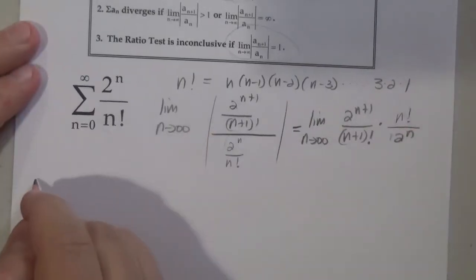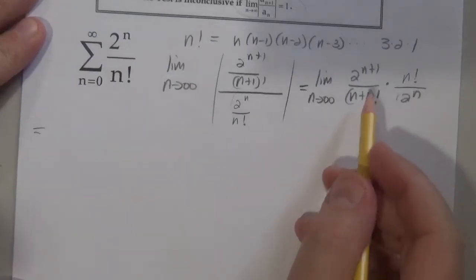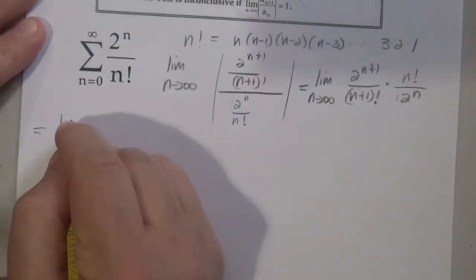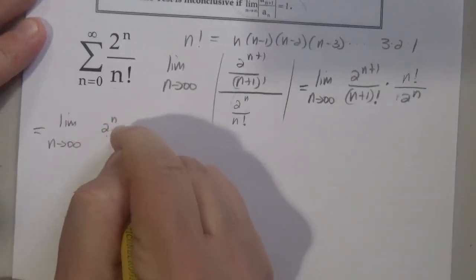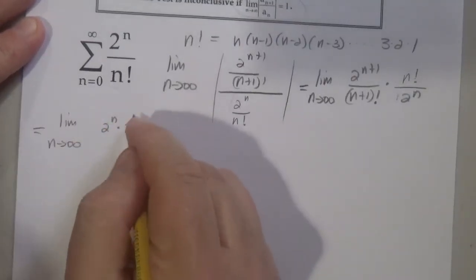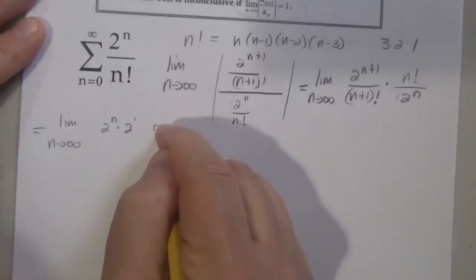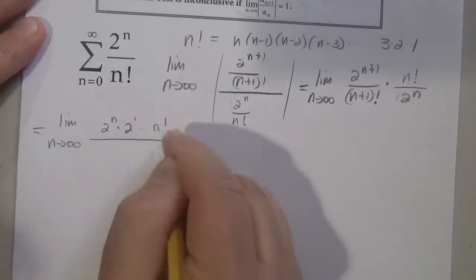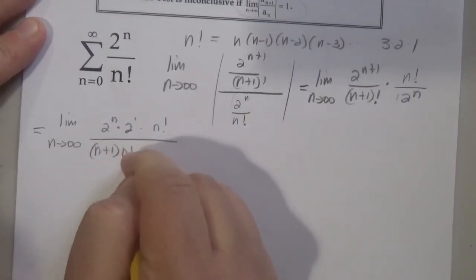Okay, I'm going to go over here now, slide my paper up a little bit. This is the limit as n goes to infinity of 2 to the n times 2 to the first, right? So these two exponents, you add them, times n factorial all over (n plus 1) times n factorial, right?